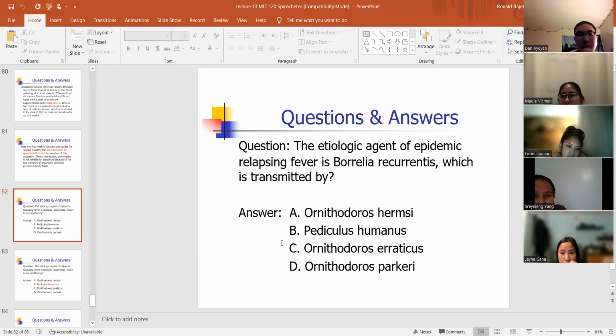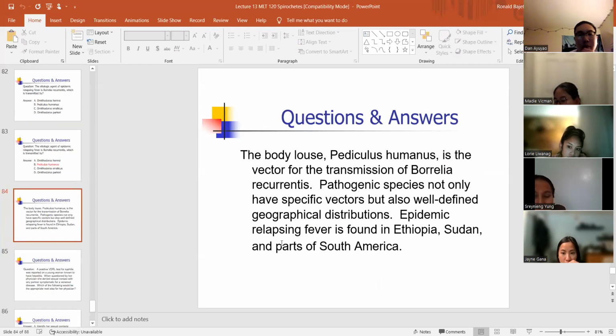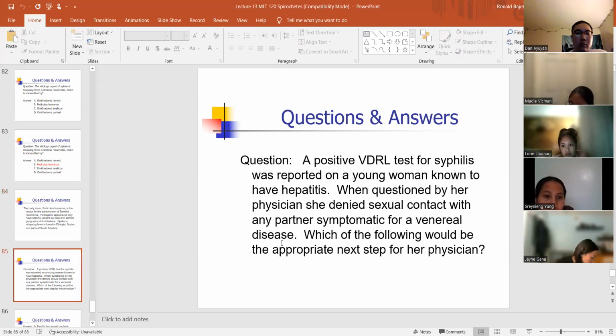B. B is correct. The body louse, Pediculus humanus, actually humanus humanus, is the vector for the transmission of Borrelia recurrentis. Pathogenic species not only have specific vectors, but also well-defined geographic distributions. Epidemic relapsing fever is found in Ethiopia, Sudan, and parts of South America.